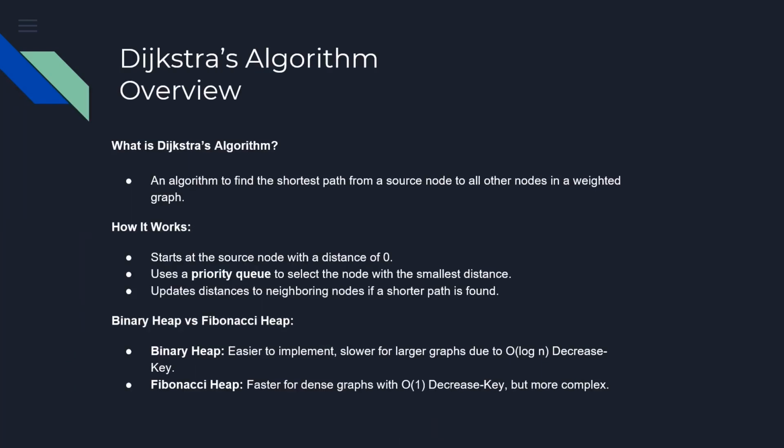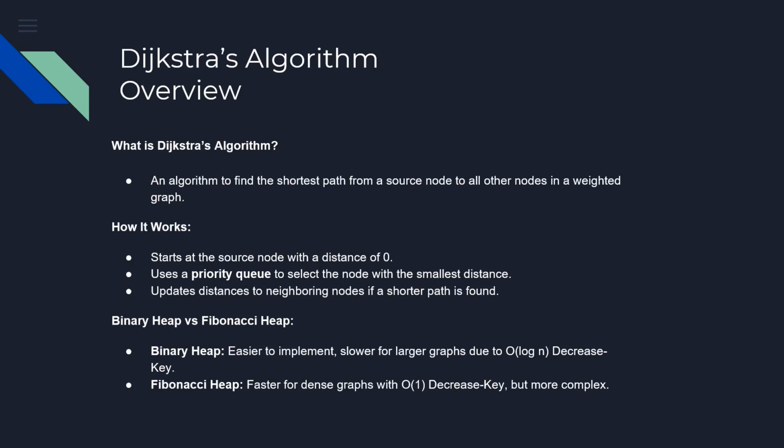Now that we have covered the basics of both heaps, let's dive into Dijkstra's algorithm. This algorithm is designed to find the shortest path from a source node to all other nodes within a graph. It makes use of priority queues to select the node with the smallest distance.